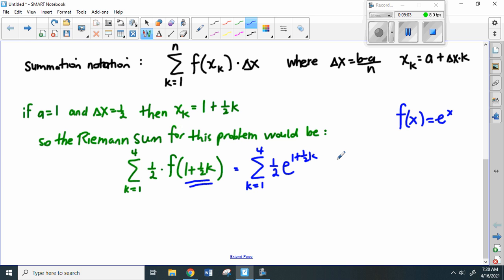And that is an official Riemann sum. Now, the way I wrote it up here, this is where we have n subintervals, and in our case, we knew that we had 4.